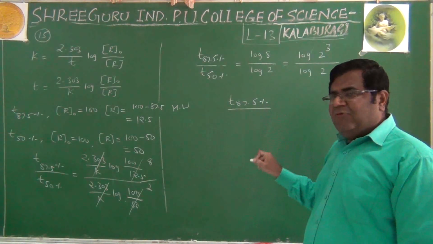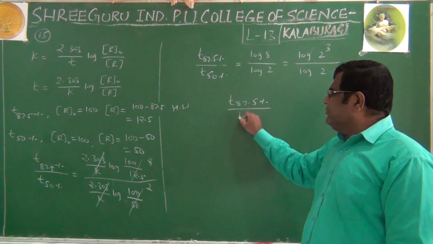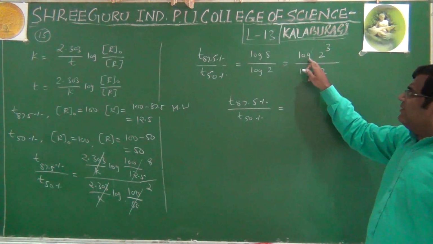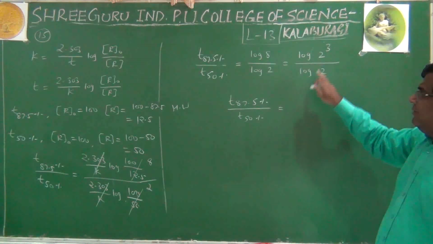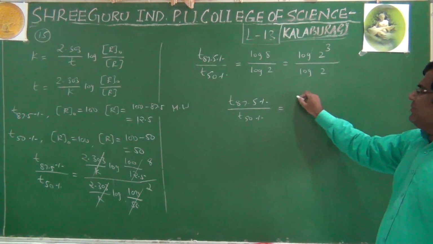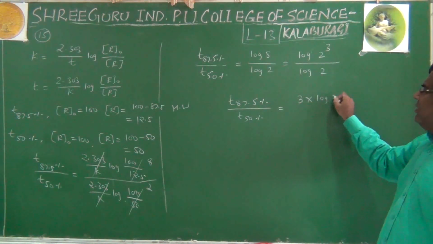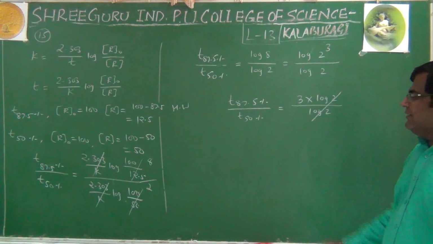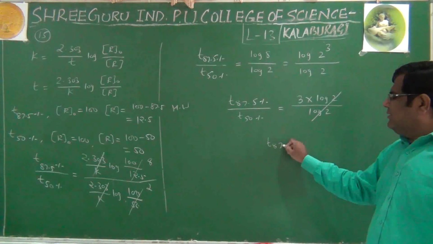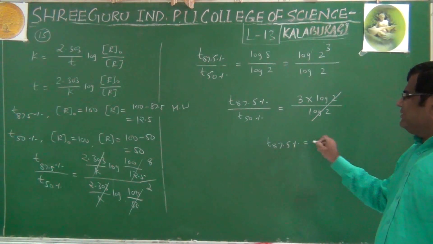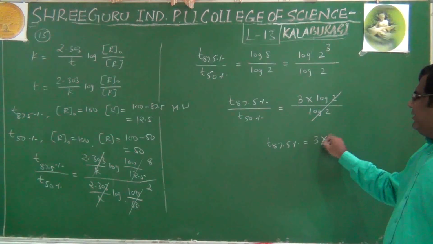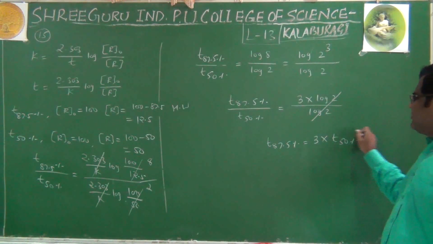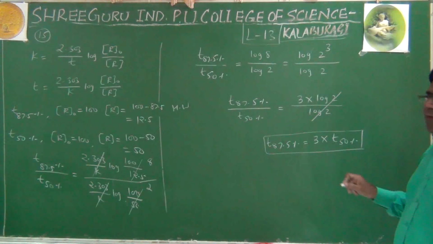The time for 87.5% completion to the time for 50% completion is equal to, just like log a raised to b is b into log a, 3 into log 2 divided by log 2. We can cancel this, and we can say that t 87.5% equals 3 times t 50%. That's what they have asked us to derive.